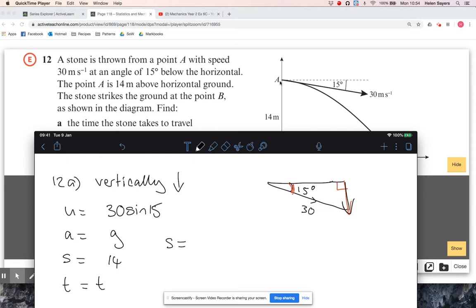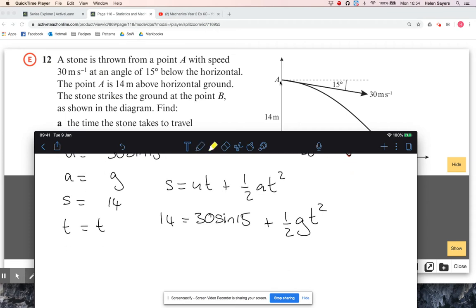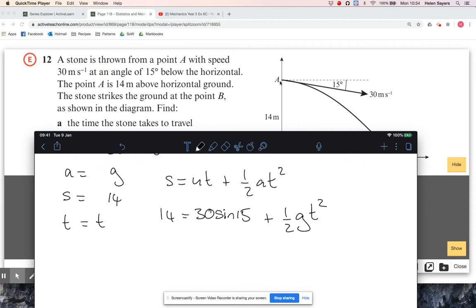So I'm going to use s equals ut plus a half at squared. So 14 is 30 sine 15 t plus a half g t squared. That's looking a little messy, but it is just a quadratic.